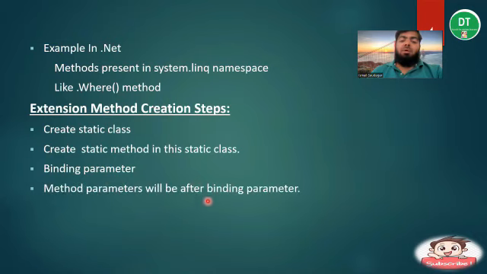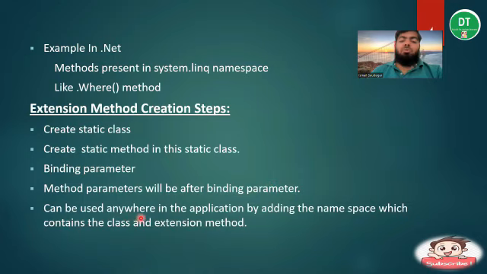Method parameters will be after the binding parameter, as I have told you, and the extension method can be used anywhere in the application. Suppose I have defined my extension method in namespace A, and I have a class in another namespace and I require this extension method there, or I want to call it.